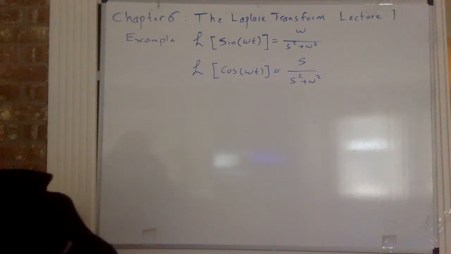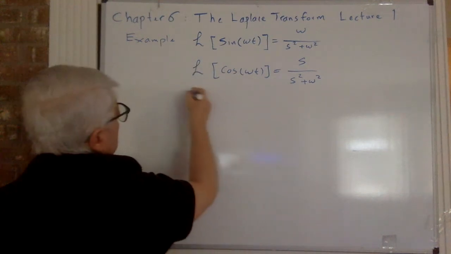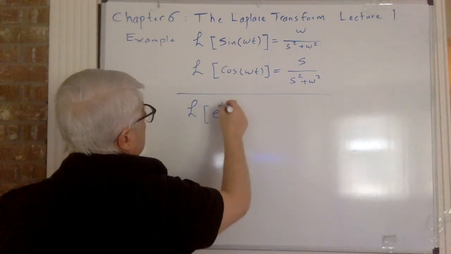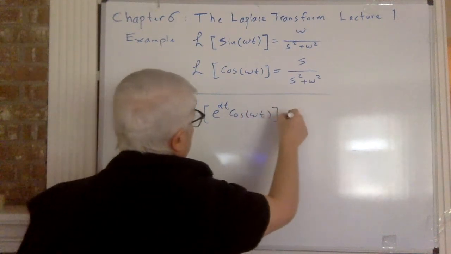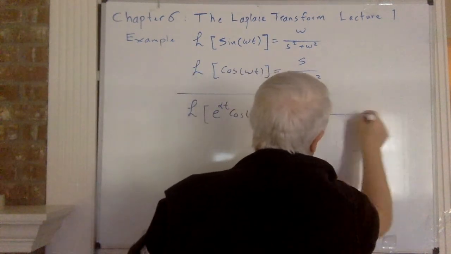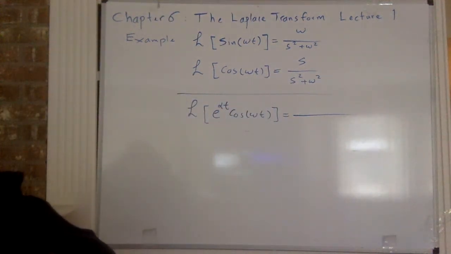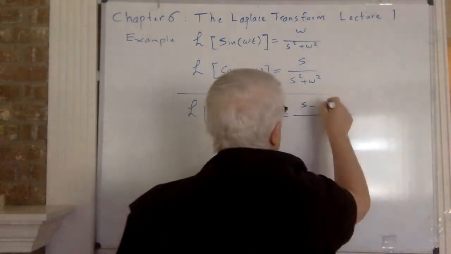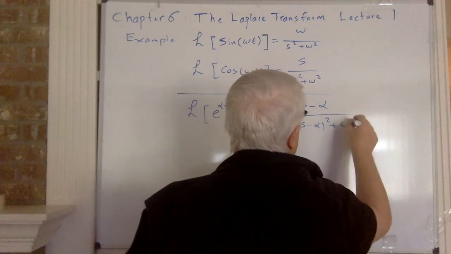And there are also two other functions which we need. One of them is this. Remember, e to the power alpha t cosine omega t. Let me write omega t again here. And this is, well, let me check here. E cosine is S minus alpha over S minus alpha squared plus omega squared.